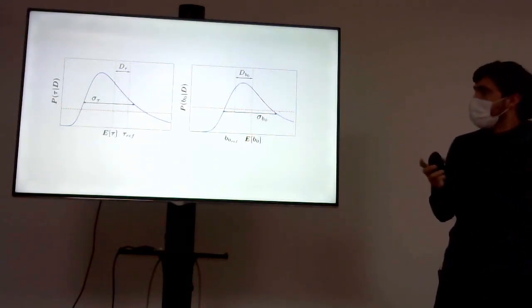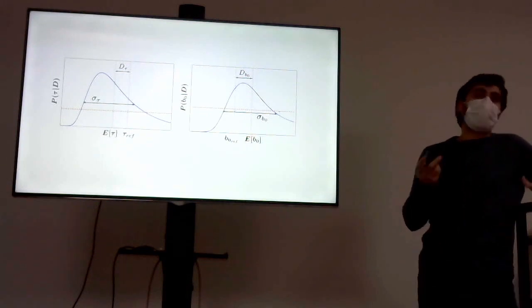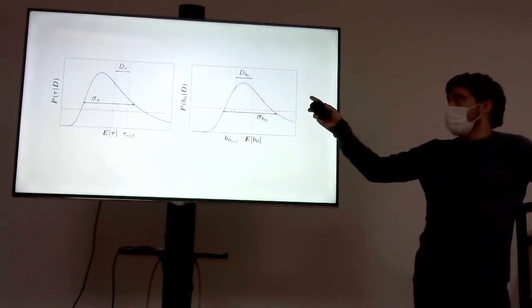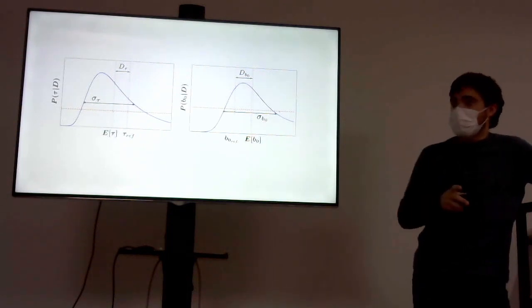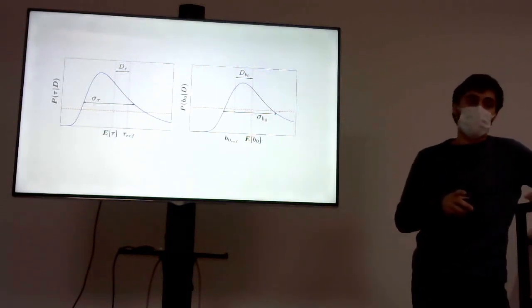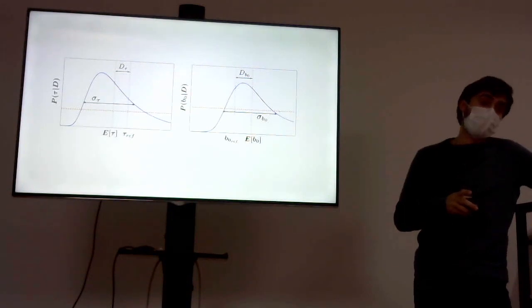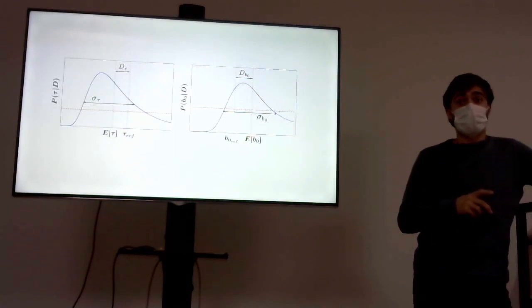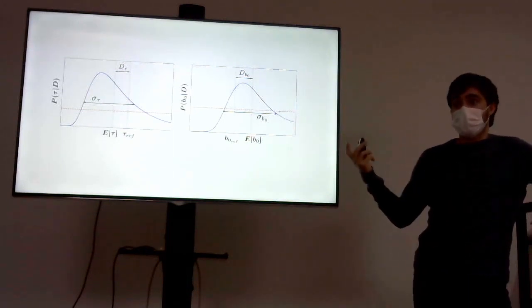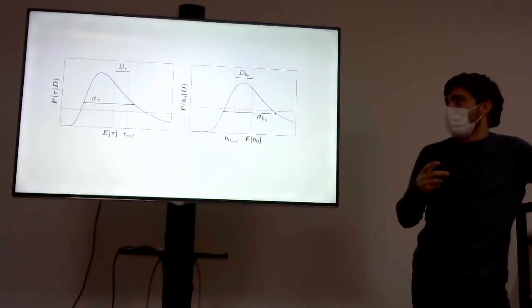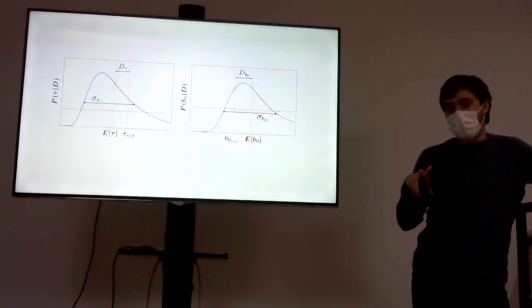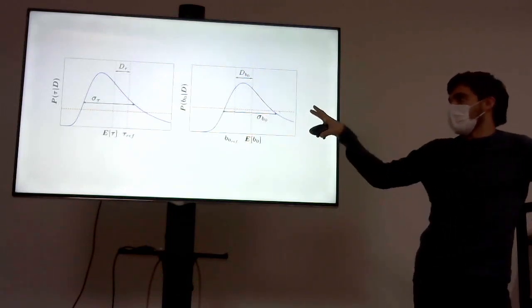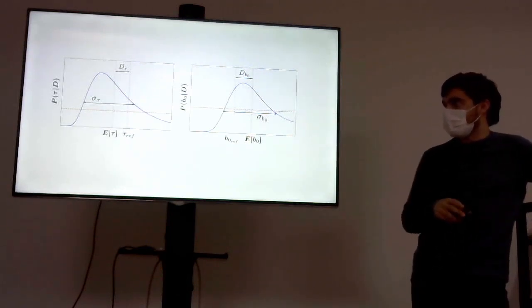Okay, we want to know the average performance, let's say. For that, we defined these two quantities. D is the distance between the mean value of the posterior distribution and the value of the parameter that generated the data, so how close or how far we are from finding the actual value, and sigma is just the width of the distribution.